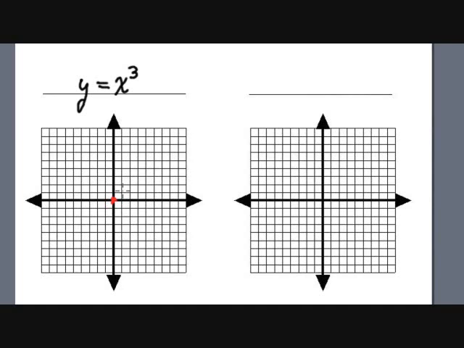A typical point is 1, 1, and negative 1, negative 1, because it's a typical odd function. Suppose another point, 2 is 8, and likewise, negative 2 is negative 8.